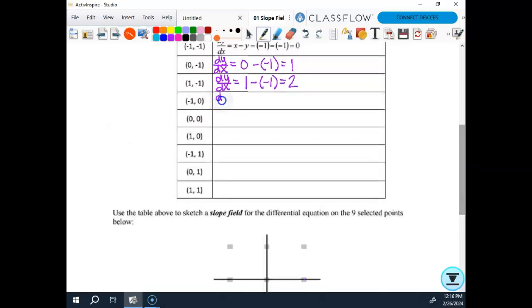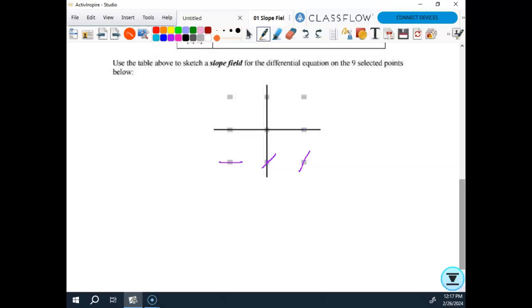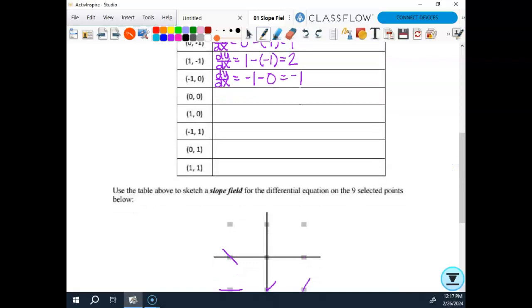All right, so we're going to go back up here. dy/dx equals -1 minus 0, which is -1. So when I go to (-1, 0), if my slope is -1, it will look something like that. And these can be kind of time consuming. They're not difficult. They just take time. And then dy/dx is 0 minus 0, which is 0.